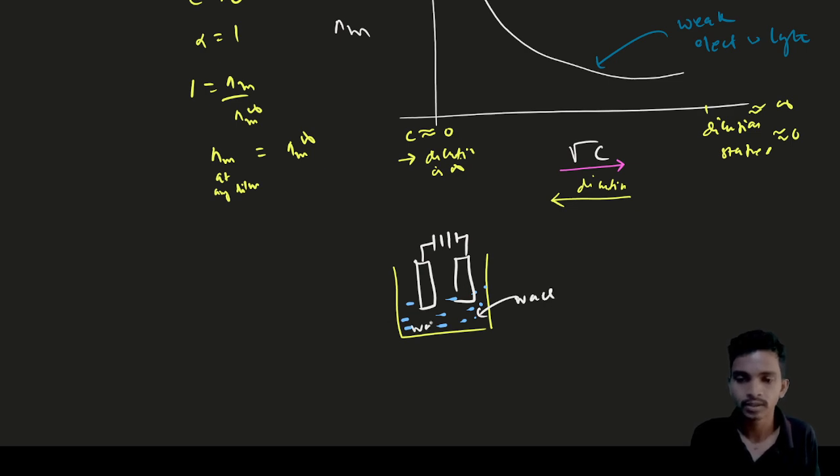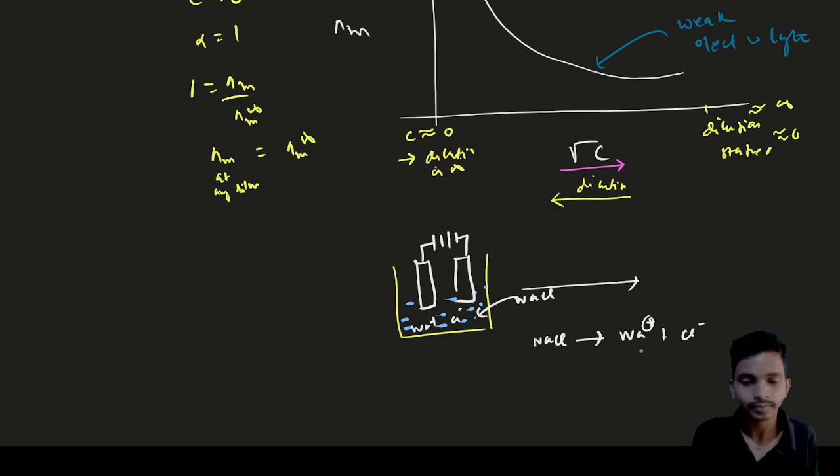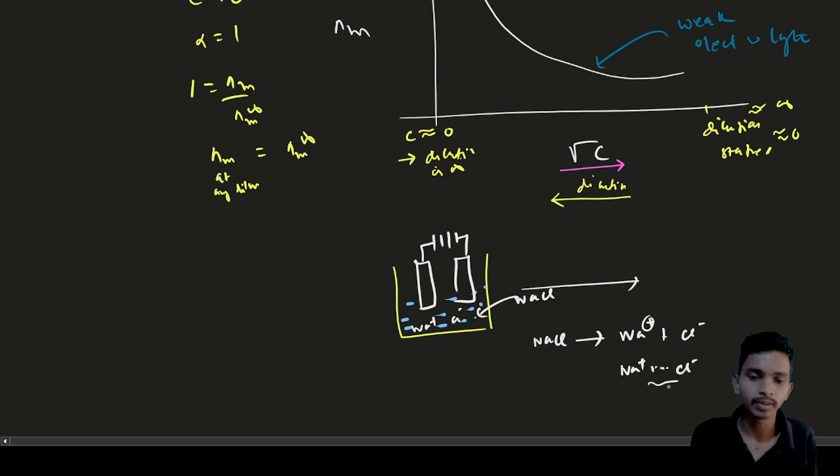Here Na plus and Cl minus, when you add water, NaCl completely dissociates into Na plus and Cl minus. Before adding water, there is some attraction between them, with the same amount of distance, let's say 2 centimeters, between them.